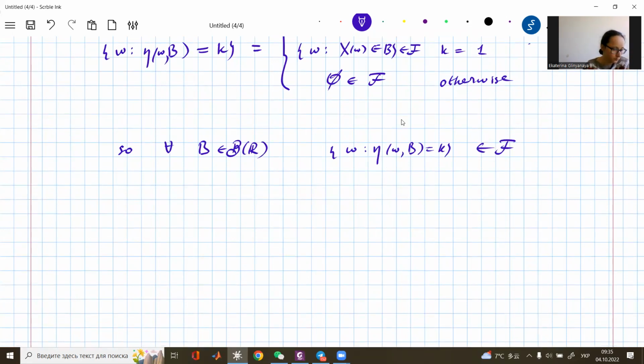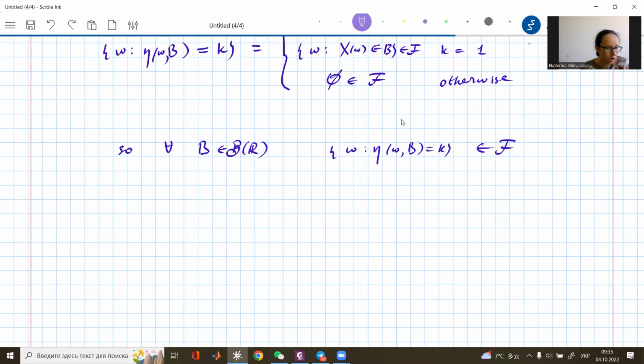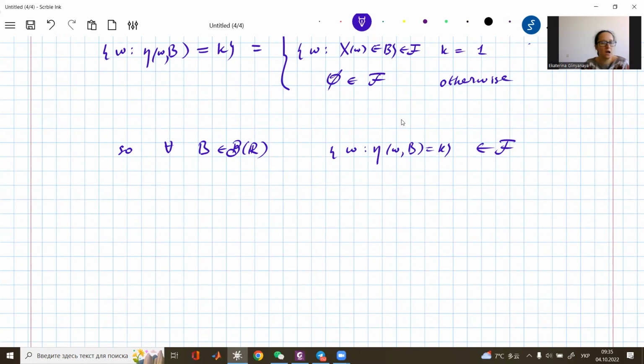Now, you can recall how you prove in probability theory that the sum of random variables is again a random variable. So we will automatically have the next example.